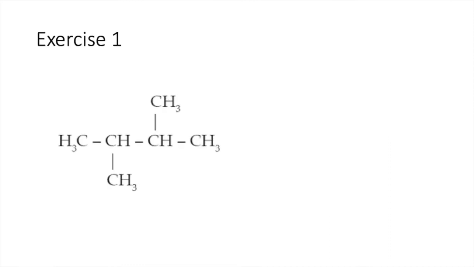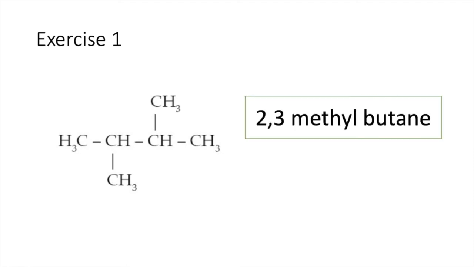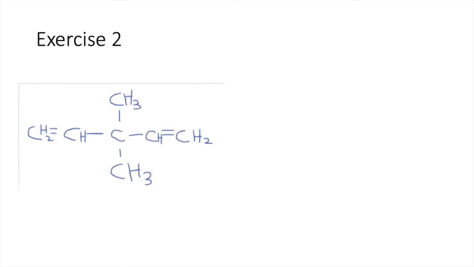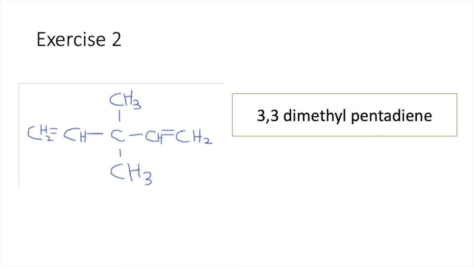Exercise 1. What is the name of this structure? That's right. 2,3-dimethylbutane. Exercise 2. What is the name of this structure? That's right. 3,3-dimethylpentadiene.